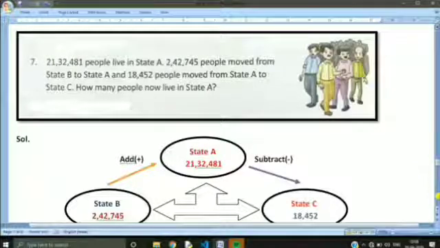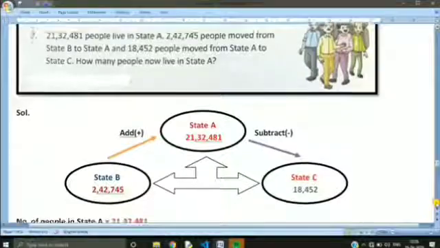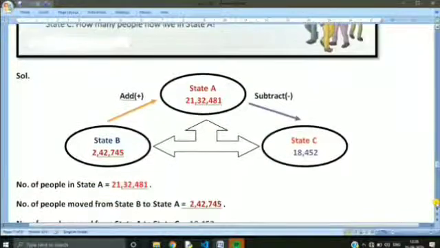In order to understand the sum, let us see it by this diagram representation. So state A has a total of 21 lakh 32,481 people.